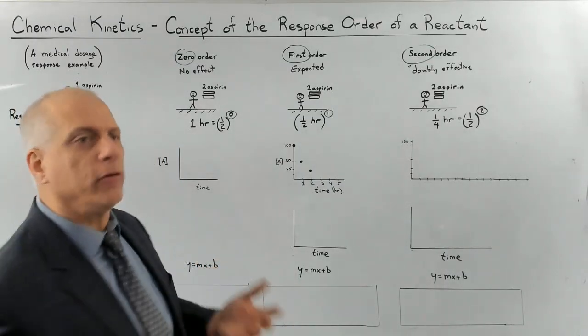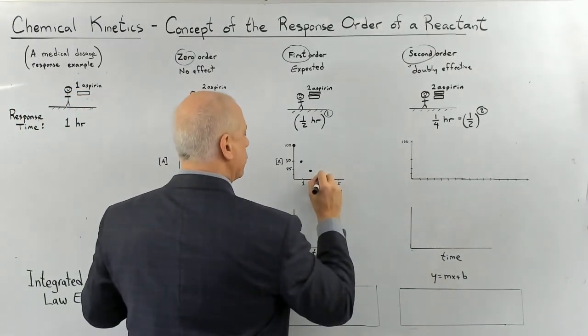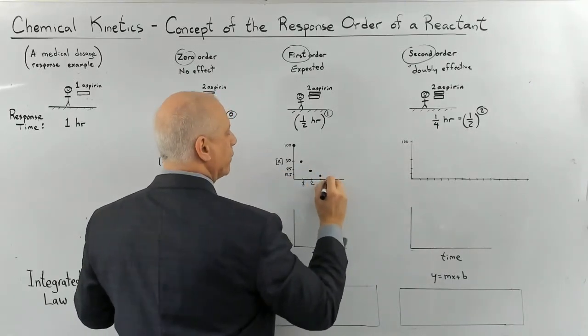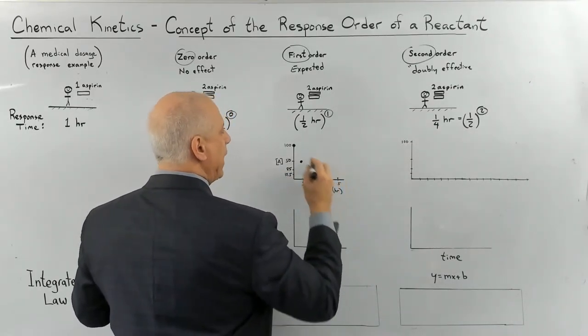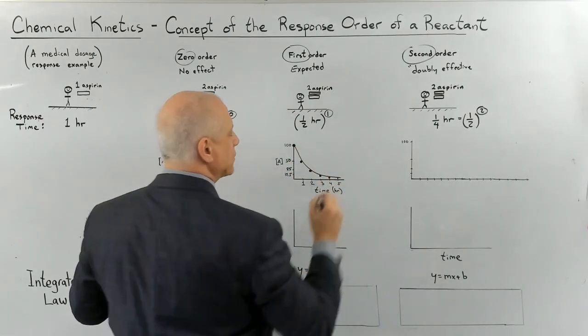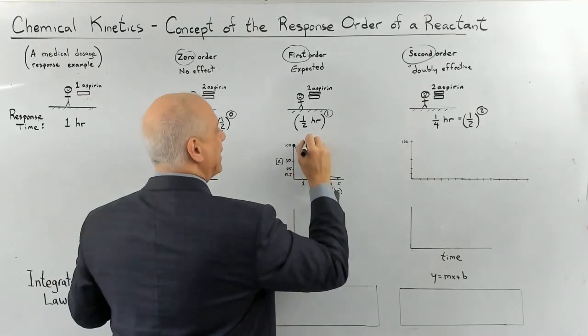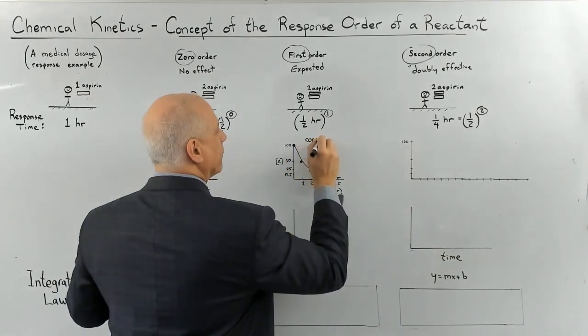And then after another hour, the third hour, we would have 12.5% remaining, and so forth. Then 6%, 3%, and our response curve would look like this. And I want to make a note over here that we have a consistent half-life.